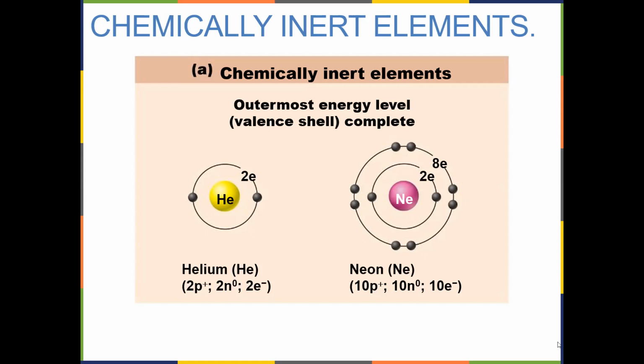Neon has atomic number of 10, 10 protons, 10 electrons. It has 2 in its first shell, the first orbital. It has 8, the maximum number it can have in the second orbital. Remember, it goes 2 in the first shell, 8 in the second shell, and 8 or 18 in the third shell.